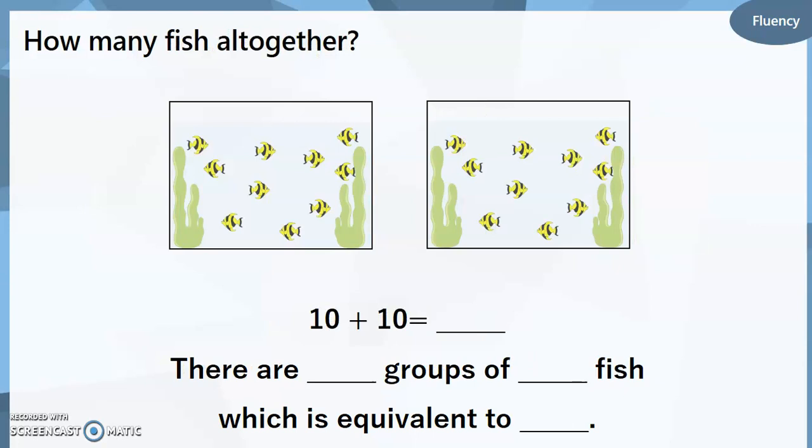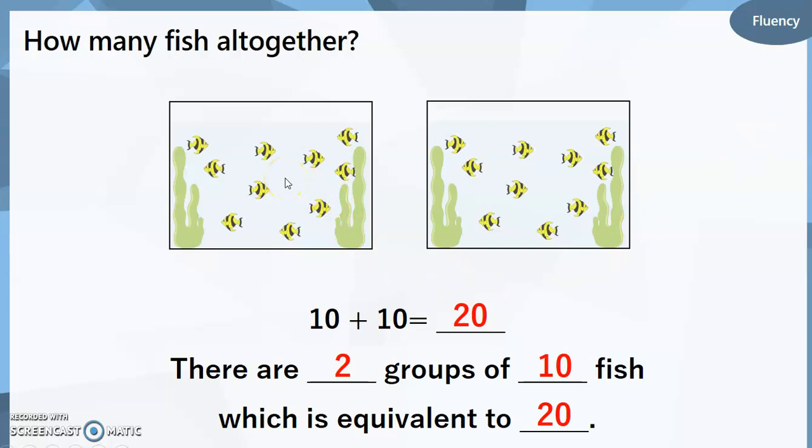And here, in our fish tanks, 10 plus 10 is 20. So we've got 2 groups of 10 fish, a 10 and a 10. And we did a lot of counting in tens earlier in the week. 10, 20. If we carried on, it'd be 30, 40. We're stopping at 20. So we're looking at equal groups.